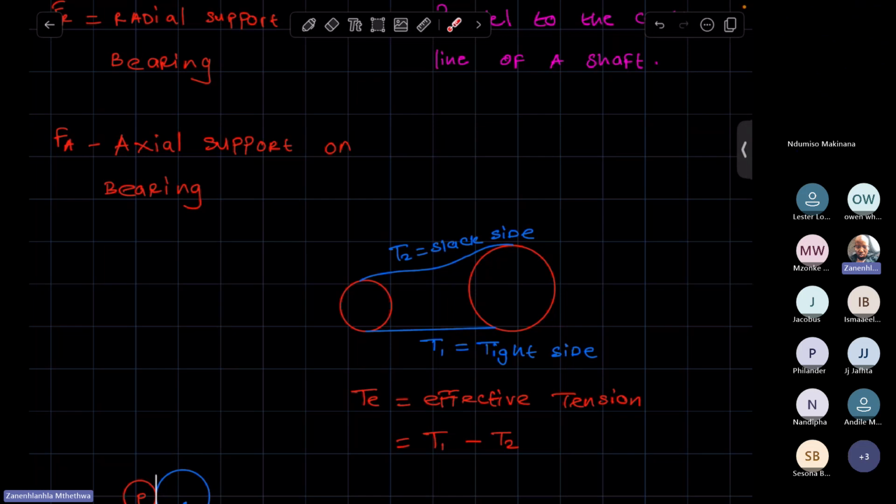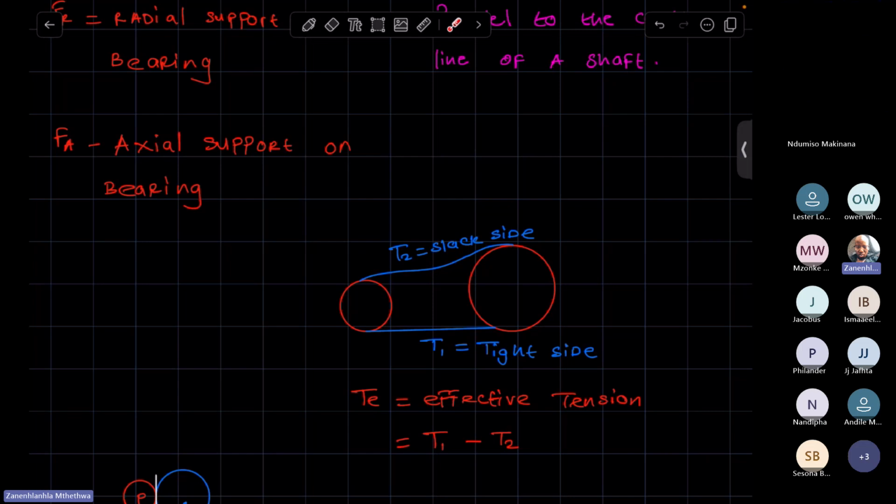A typical open belt drive system has two pulleys, one being the driver and the other being the driven pulley. For power to be transmitted, they wrap the two pulleys with the same belt and connect them to a motor, and that's how they transmit torque or power through the belt.